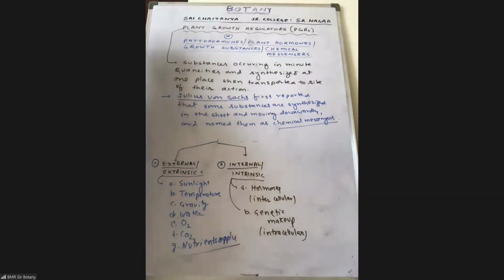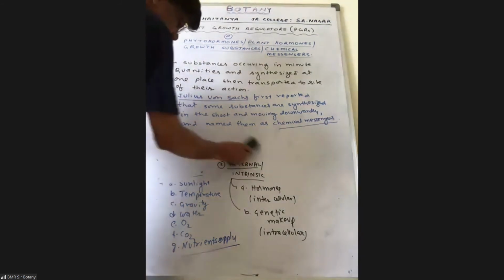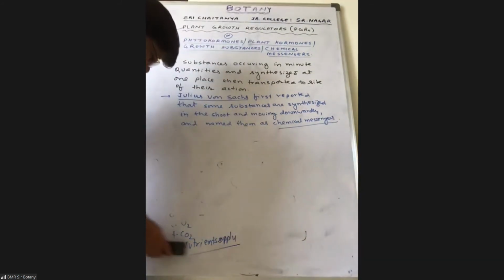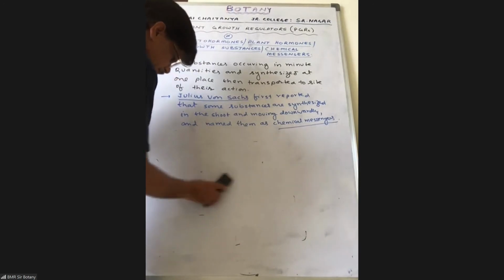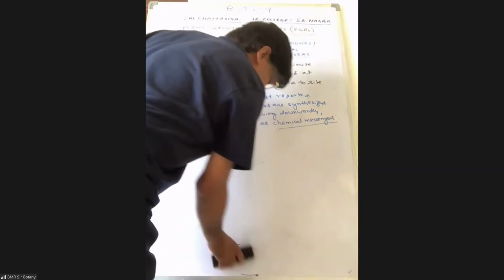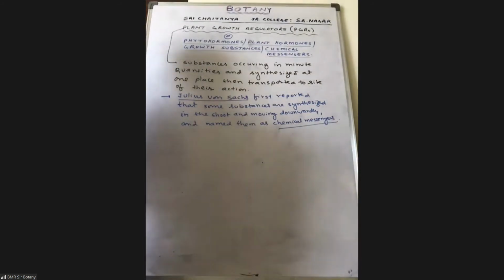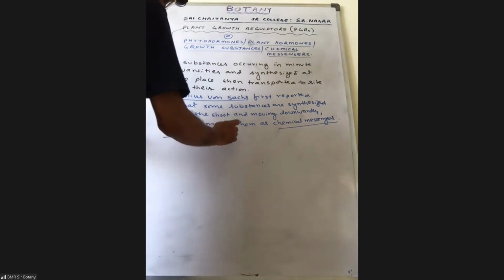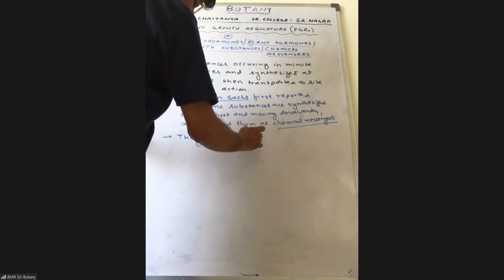Now as far as the types of growth regulators are concerned, they are categorized into three broad types based on their functions.